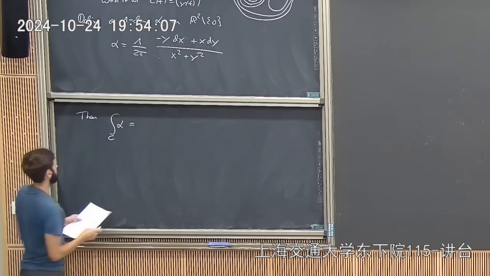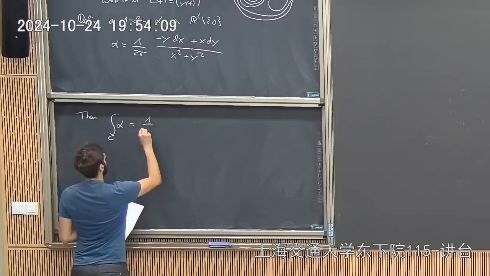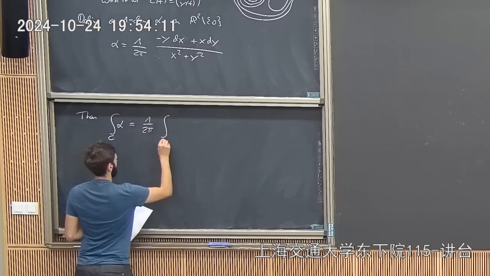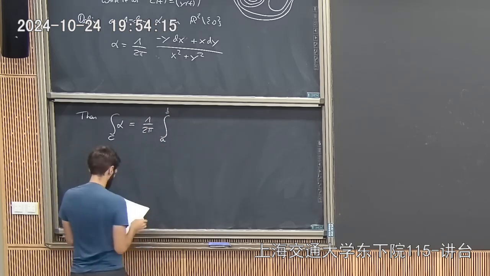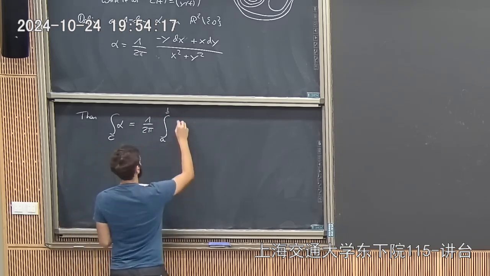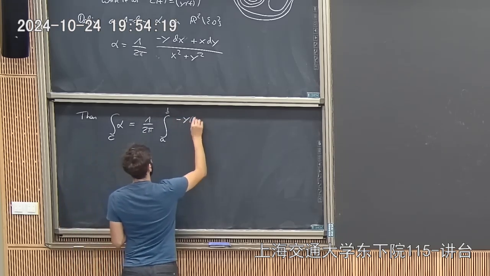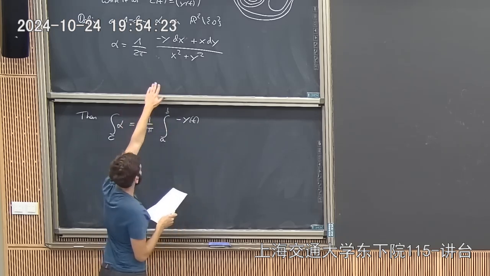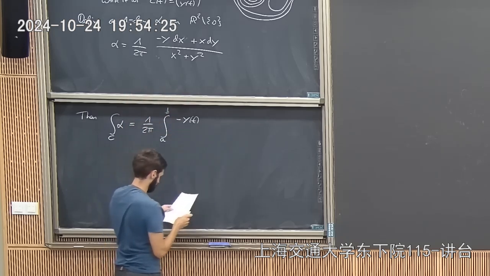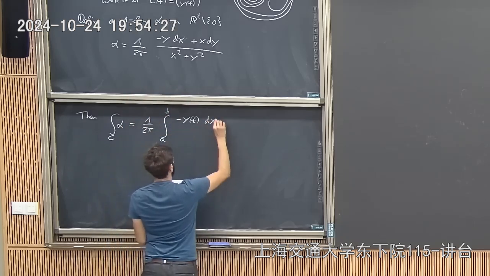So we just go back to the definition. That's the integral along a to b, and what we have to do is plug the curve into this one form, and then we get the following expression.